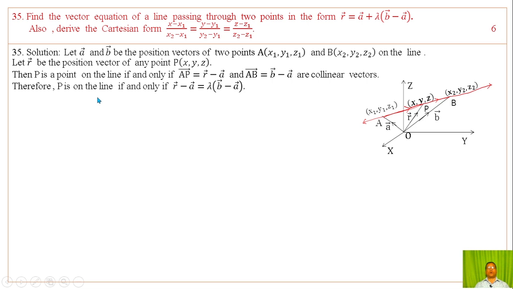Therefore, P is on the line if and only if R minus A vector equal to lambda times of B minus A vector, where lambda is any real number. That is, this equal to this R vector, so we have this equation 1.